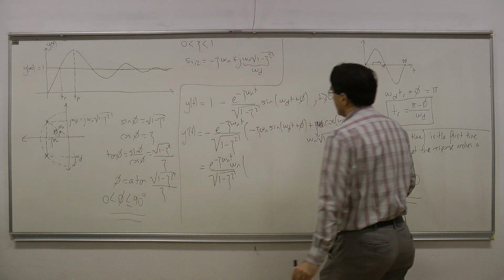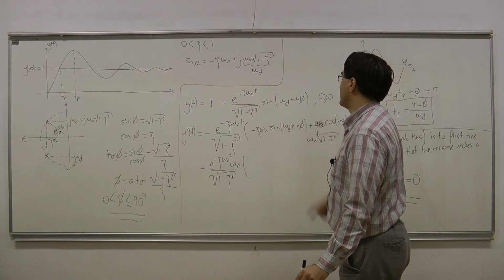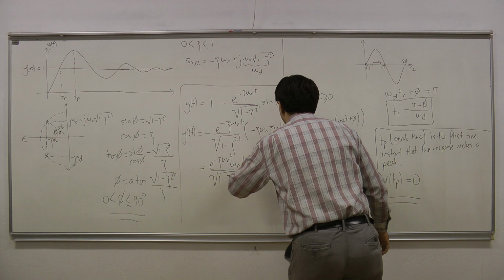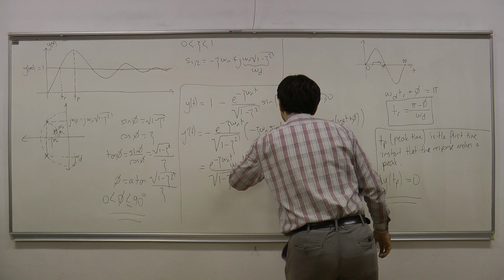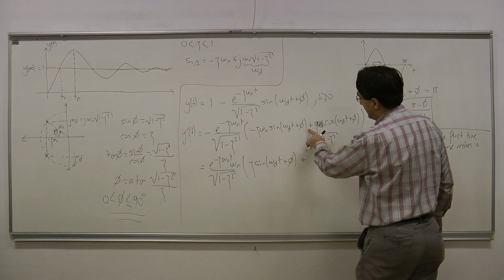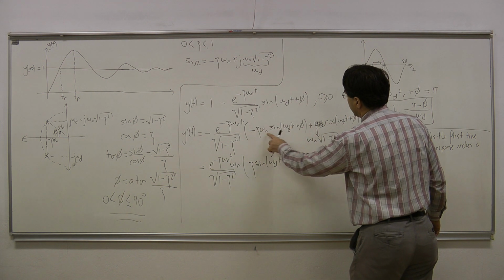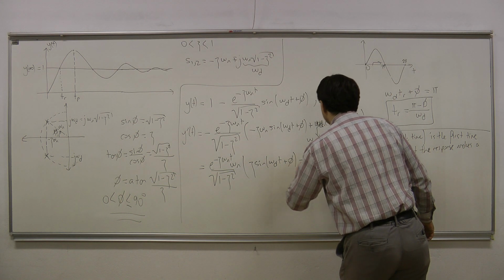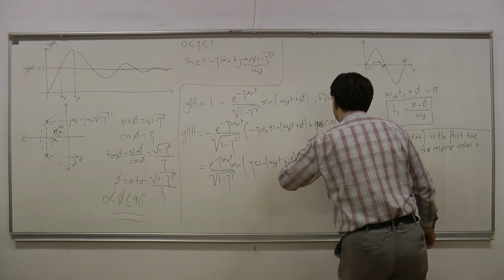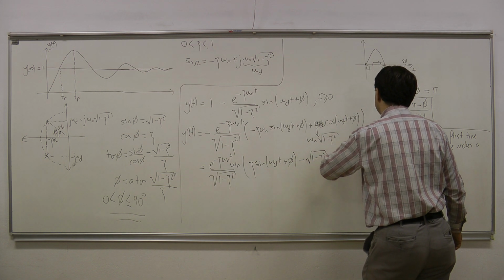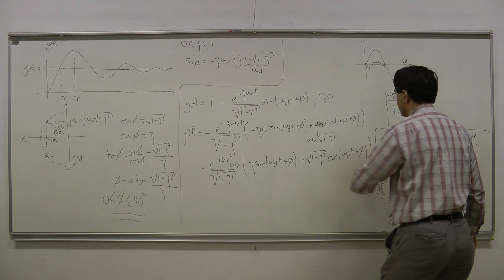So in general, I'm taking a minus omega n in parentheses here. So I have plus psi sine omega dt plus phi, and since I'm taking a minus omega n in parentheses here, this plus is going to turn into a minus, and I would have square root 1 minus psi square cosine omega dt plus phi. Okay?